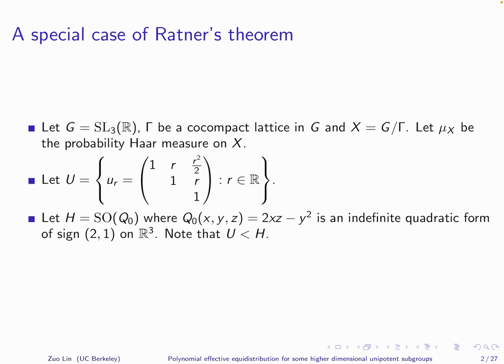Okay, if you're familiar with those groups, then you can see it is highly related to some indefinite quadratic forms. So if I let my quadratic form be 2xz minus y squared, a standard (2,1) form in three dimensions, and I let my H be the special orthogonal group, the elements in 3 by 3 matrices that preserve this quadratic form, then the unipotent elements we picked actually lie inside this smaller group.